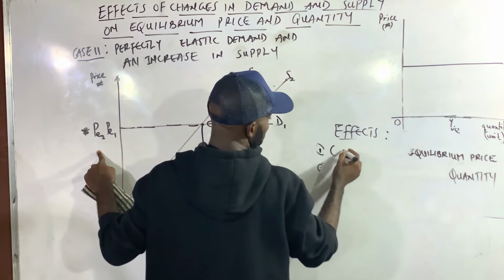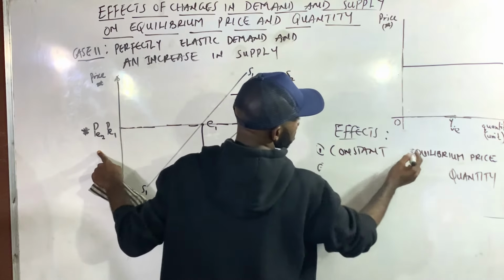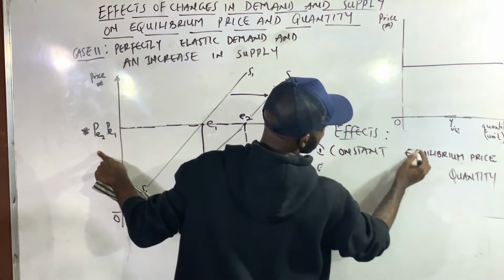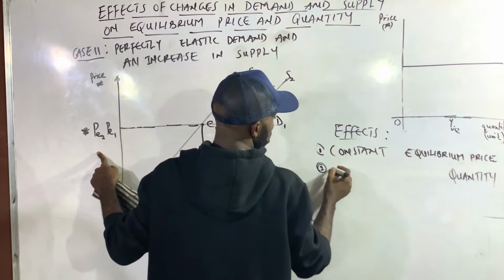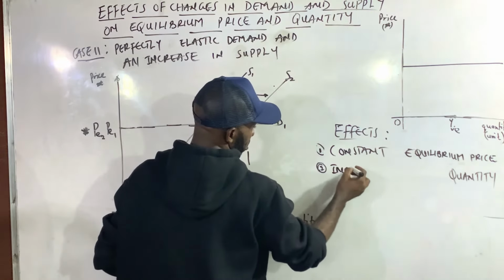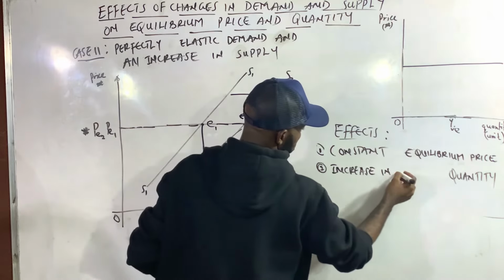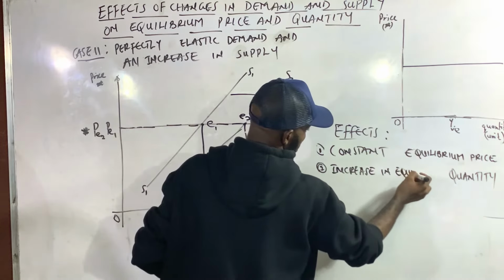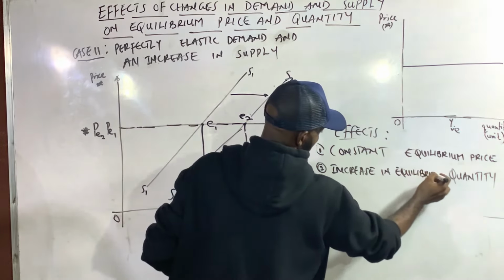So we can say effect 1, constant equilibrium price. Effect 2, an increase in equilibrium quantity.